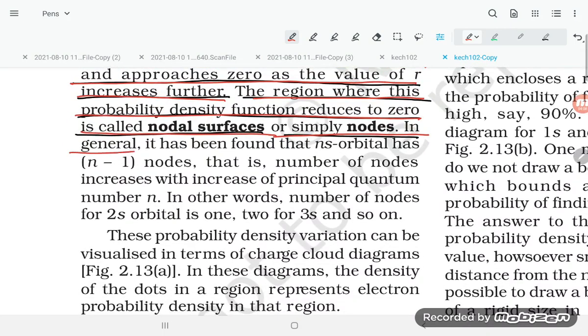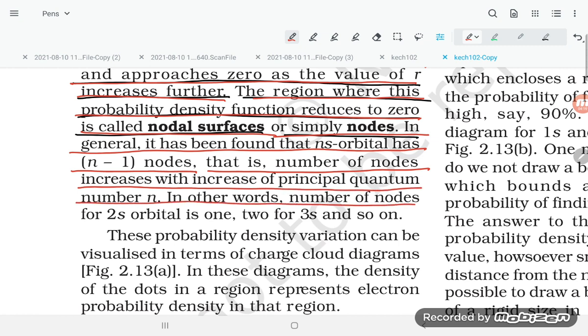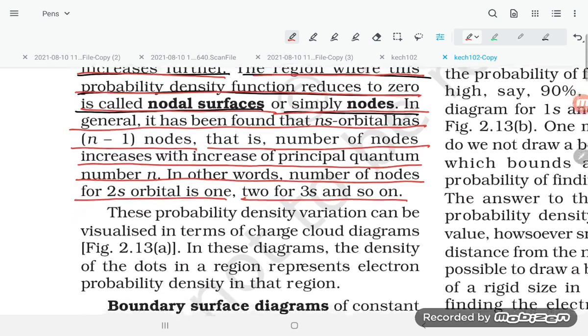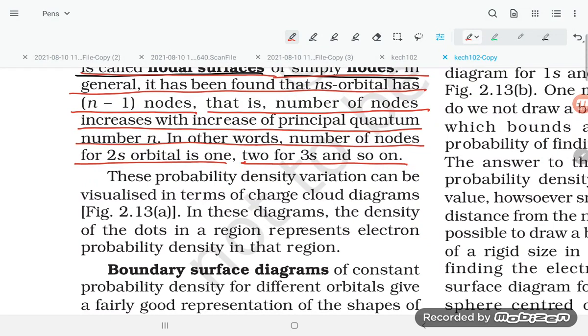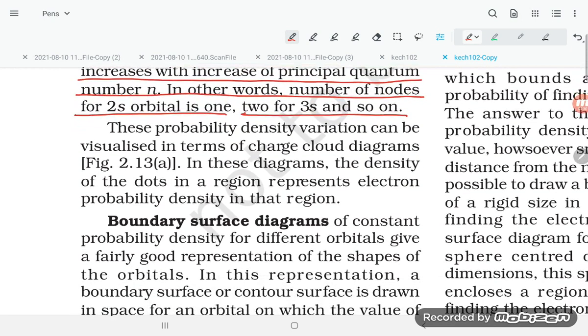In general, it has been found that an ns orbital has n minus 1 nodes. That is, the number of nodes increases with increase in the principal quantum number. In other words, the number of nodes for the 2s orbital is 1 and for the 3s orbital it is 2, and so on.